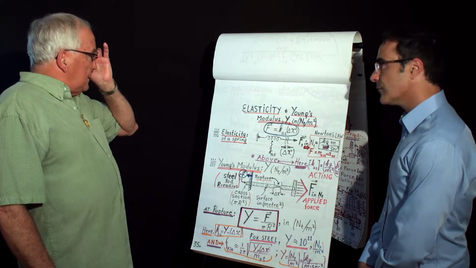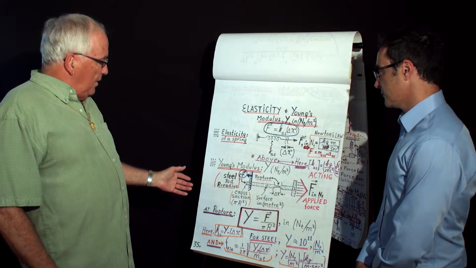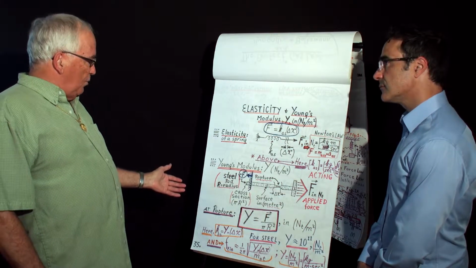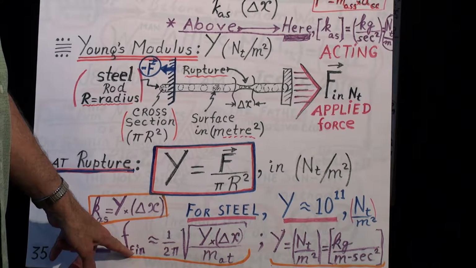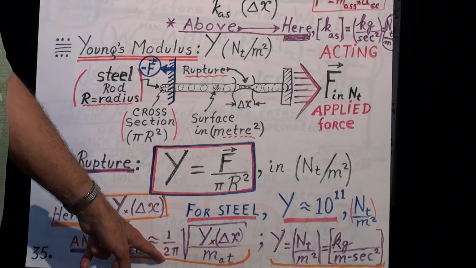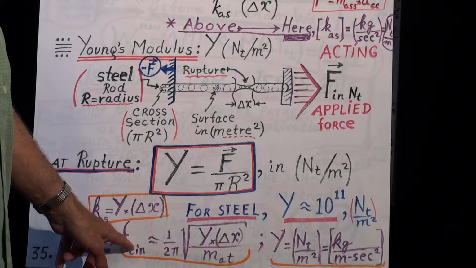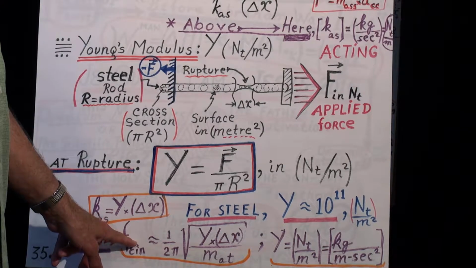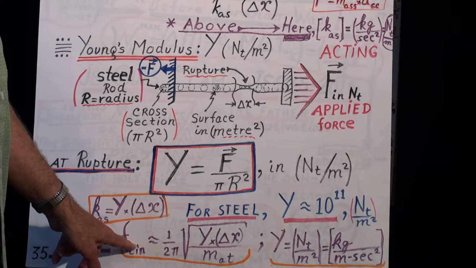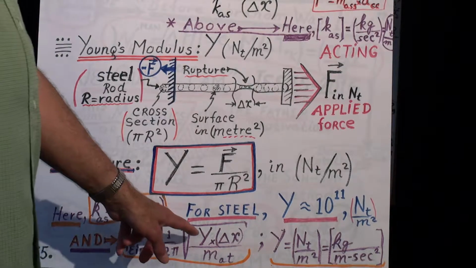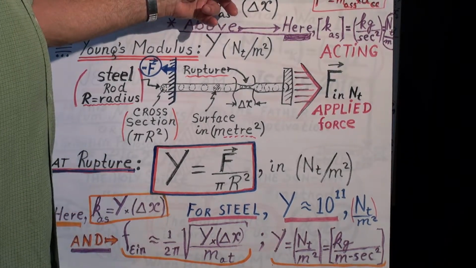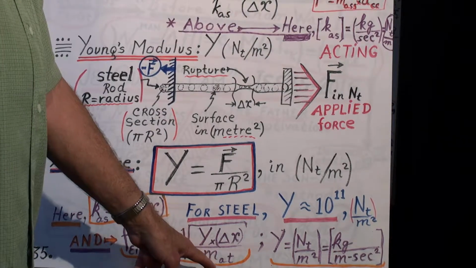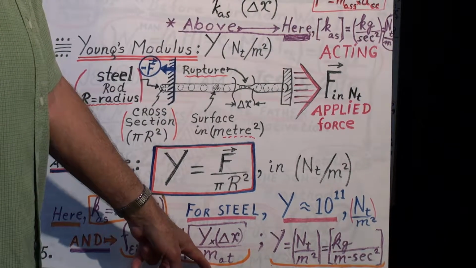Okay, so this is about it. Now in some of the equations, when we calculate the Einstein frequency, for instance, it's 1 over 2 pi, because 2 pi f is the angular frequency, we call. The Einstein frequency is like the atomic spring constant, like in here, for an atom, divided by the mass of the atom.